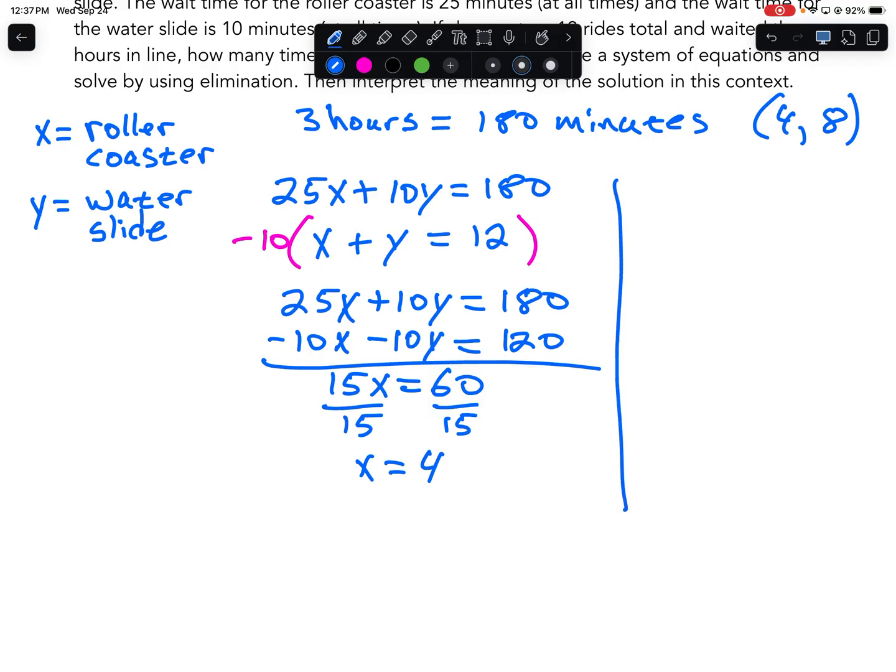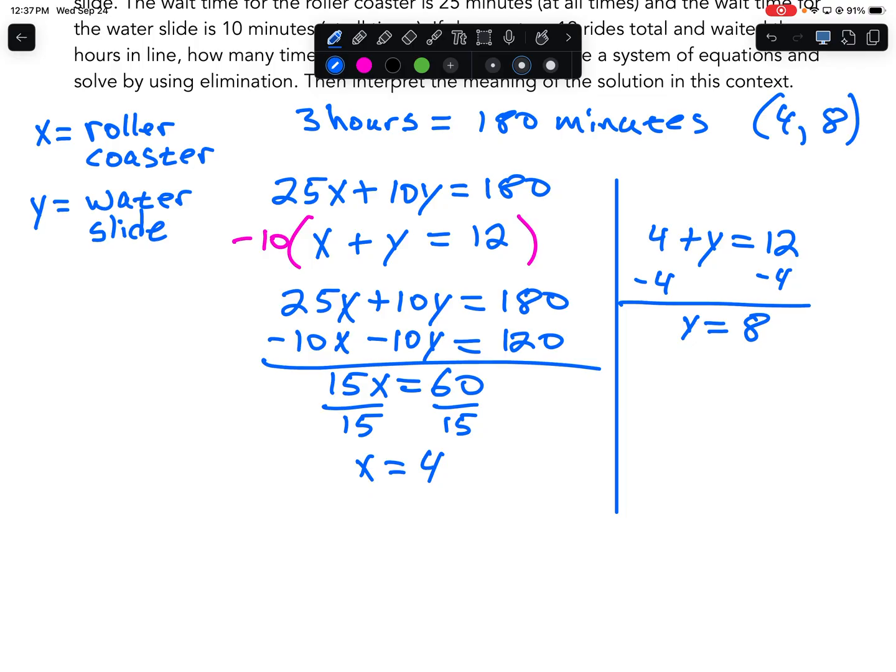And then which equation would you plug into clearly? Bottom one. So 4 roller coaster rides, 8 water slide rides.